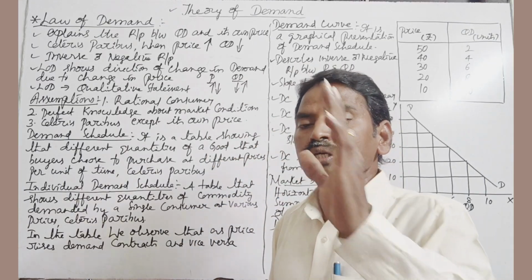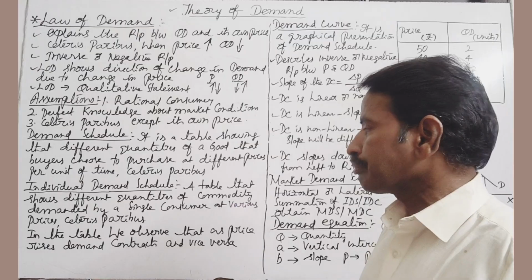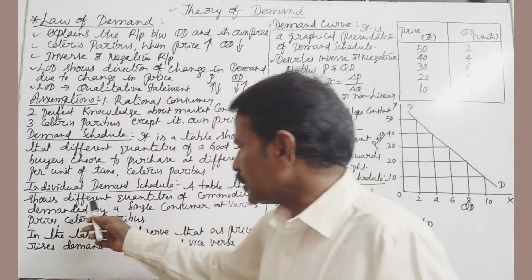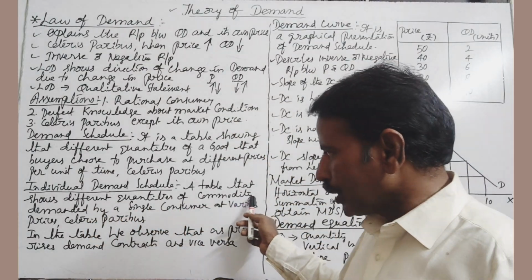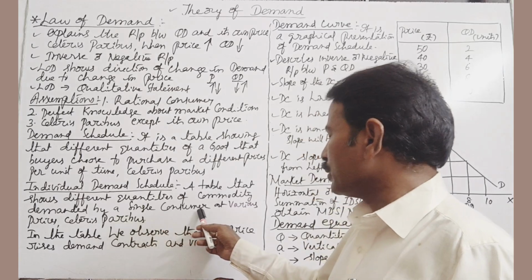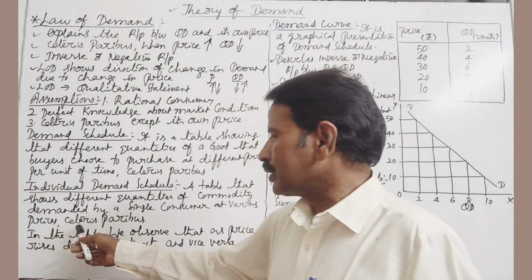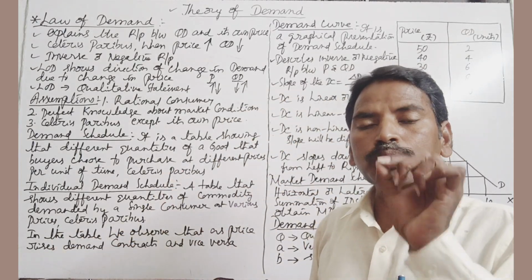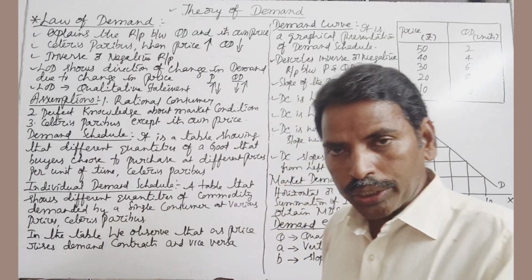A table that shows different quantities of a commodity demanded by single consumer at various prices, ceteris paribus. This is known as individual demand schedule.